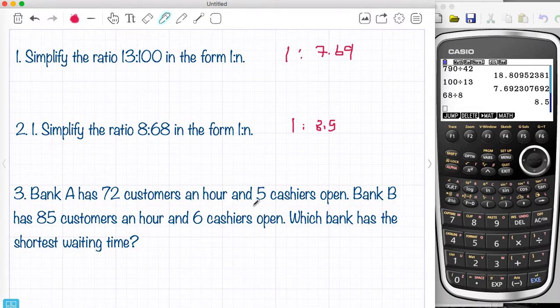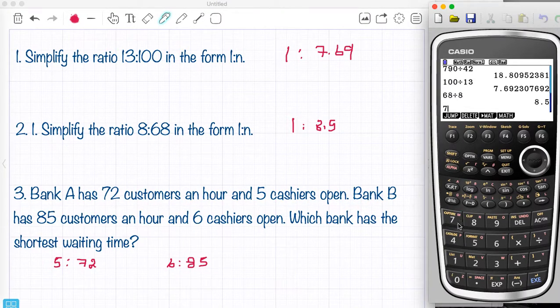And the last one is similar to the school question. Bank A has 72 customers an hour and 5 cashiers open. So the ratio is 5 to 72. And Bank B has 6 to 85. So 5 to 72, we're just going to take 72 and divide it by 5.